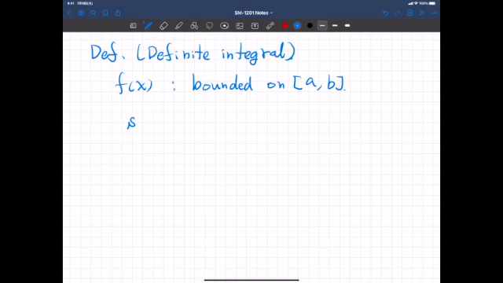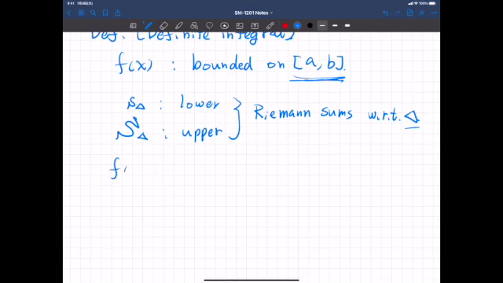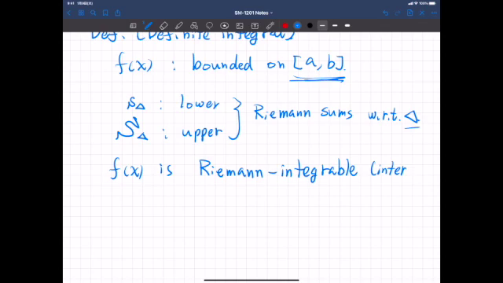And let lowercase s delta and uppercase s delta be the lower and upper Riemann sums with respect to delta. Yes, and delta is of course a partition of this interval. Okay, and we say f of x is Riemann integrable, or simply integrable.